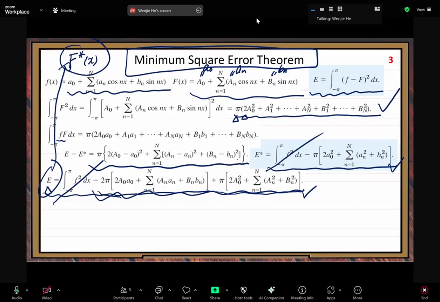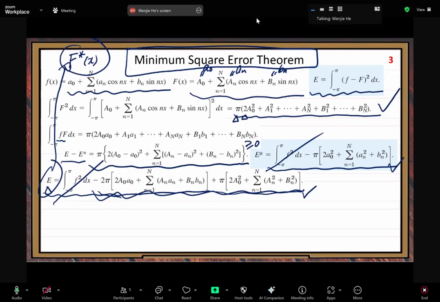Can you see that this expression is greater or equal to 0? Because in this expression, little a, little b, the Fourier coefficients, are all fixed. Capital A, capital B, you can change. You have freedom to choose different capital A. Whatever capital A, capital B you choose, this expression is always non-negative.